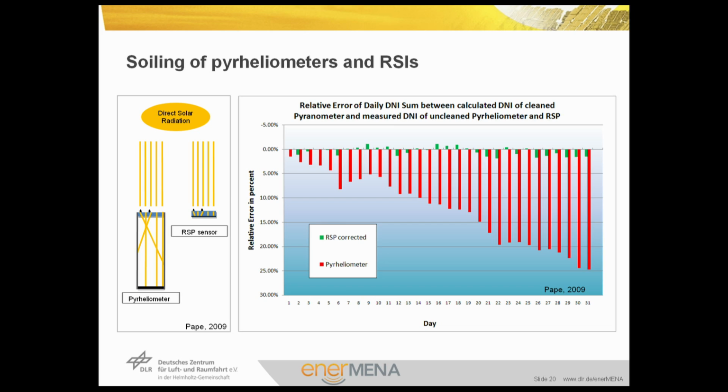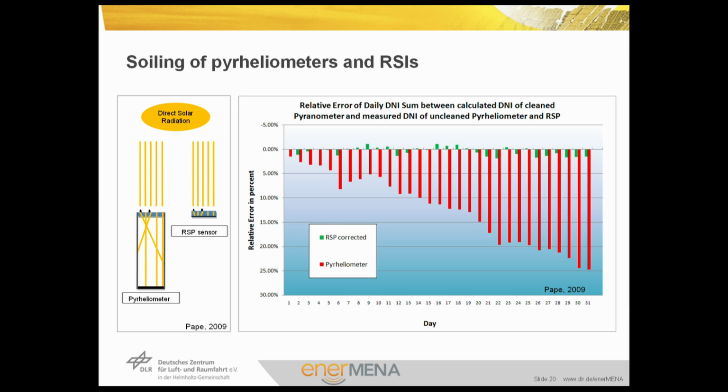This advantage of RSIs was also shown experimentally. In the graph, we see the relative error of daily DNI sum between the calculated DNI of cleaned pyranometers and the measured DNI of uncleaned pyrheliometers and an uncleaned RSI. So again, the reference is the DNI that was calculated from cleaned pyranometers that measure GHI and DHI, and we compare the data of an uncleaned pyrheliometer and of an uncleaned RSI to this reference.